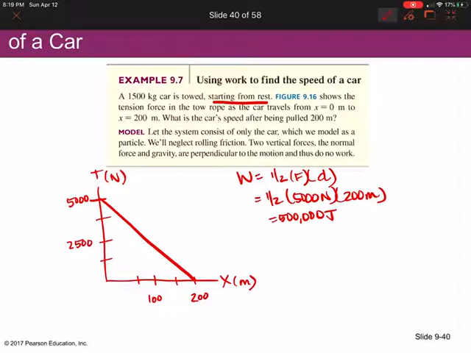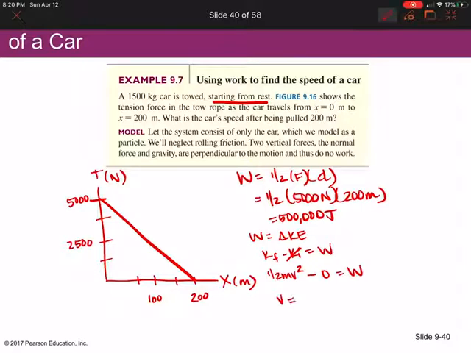But then it says, what's the car's speed after being pulled 200 meters? And it does say that it starts from rest. So basically we're going to do what we did on the last one. Our work is equal to our change of kinetic energy. So we've got final minus initial is equal to work. If our initial velocity was 0, then that goes away, because anything times 0 is 0.